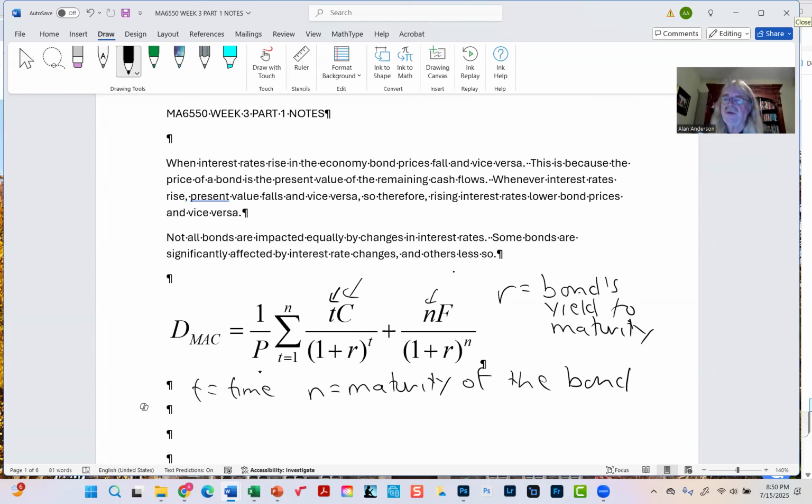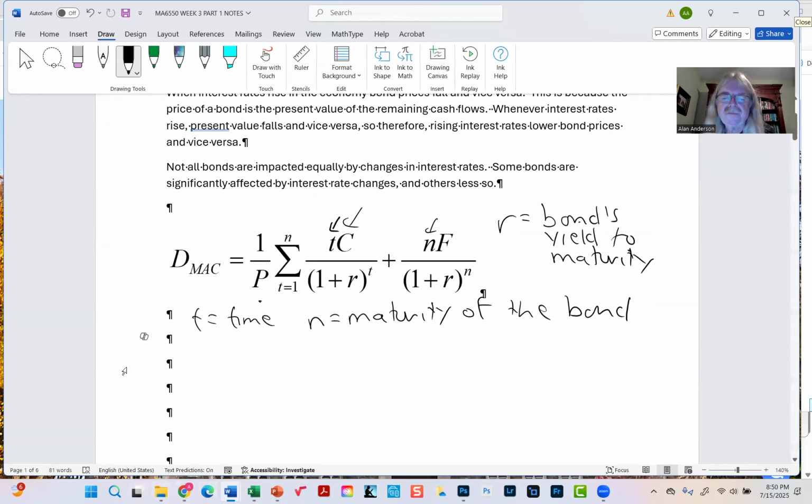Okay, so in other words, you remember we had this discussion about credit risk. Except for bonds issued by the US federal government, which are known as treasury securities, they're all considered to have some credit risk. Maybe not very much, but some credit risk.